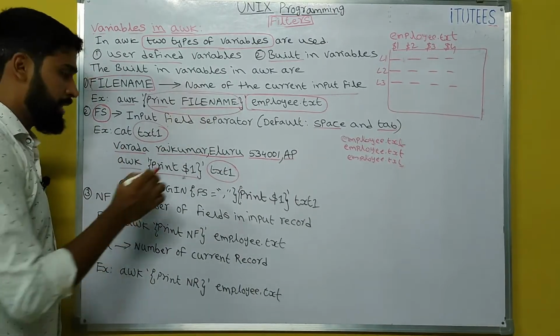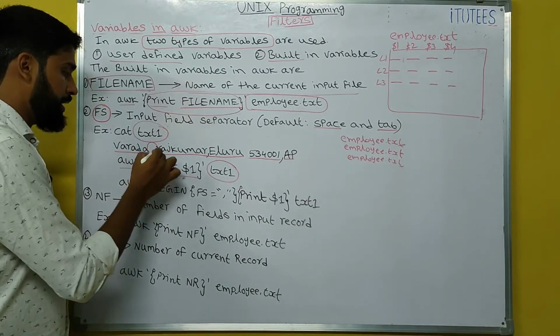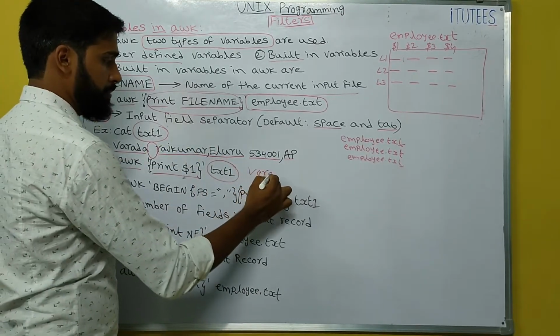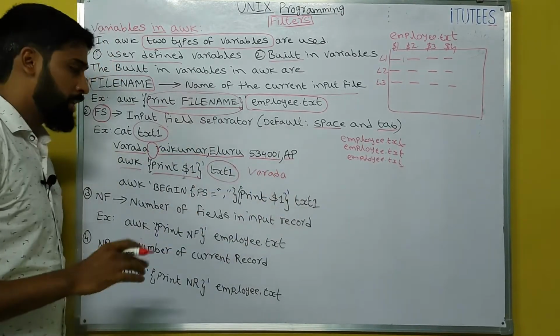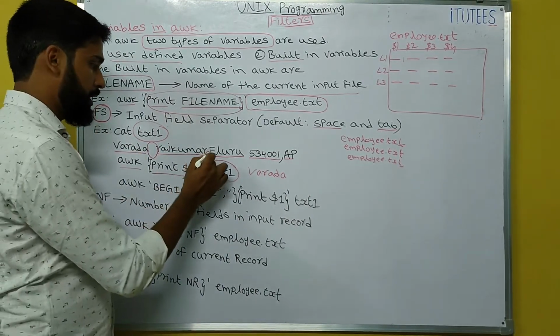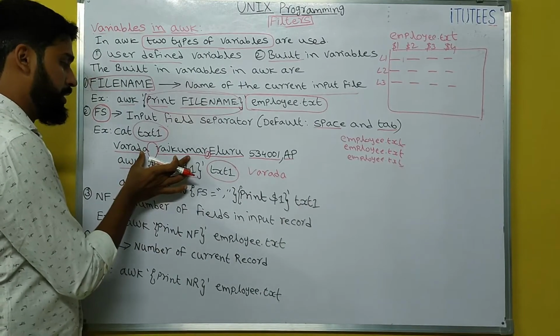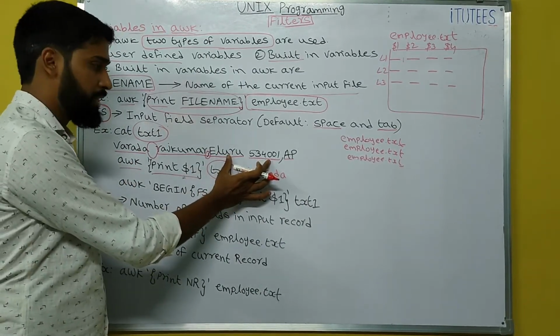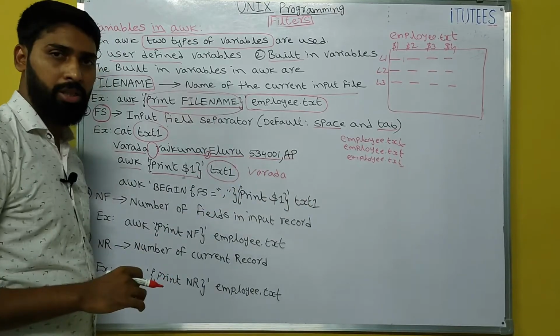Now, in this line, by default, the field separator is space. Now, it prints only Varada as output. But I want to change this field separator to comma. So that means this is the first field. Varada Raskumar is the first field. Eluru 534001 is the second field. And AP is the third field.